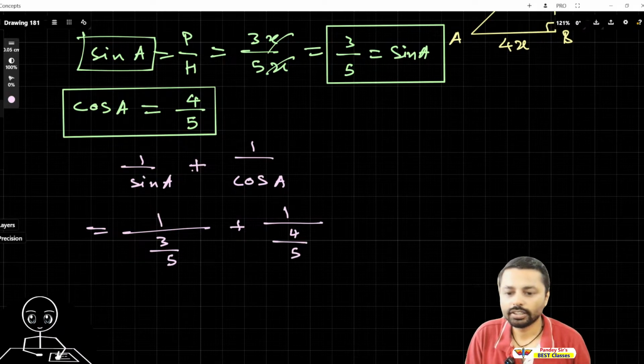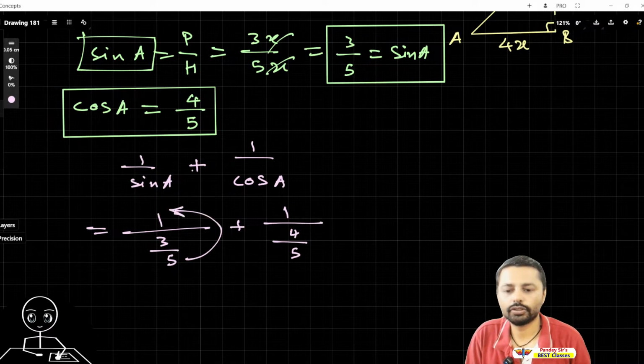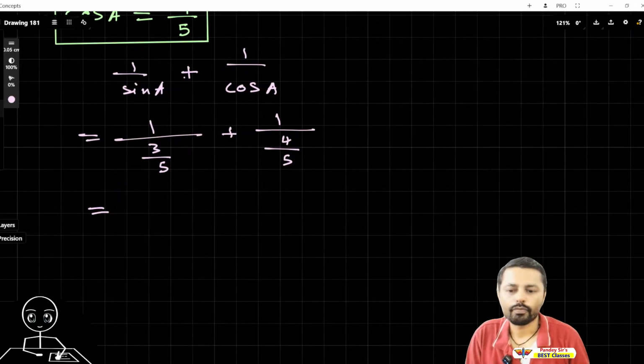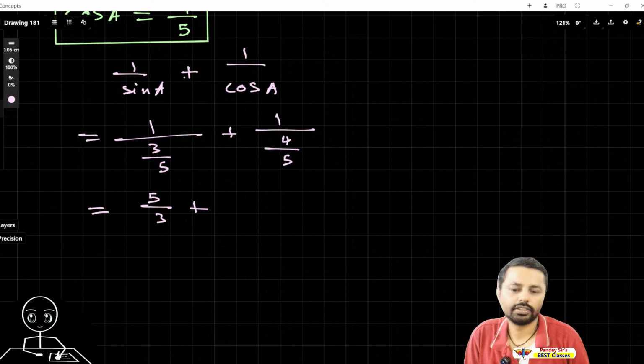How will we write it? We have to take its reciprocal. The denominator goes to the numerator, keep in mind. So we get 5 by 3 plus 5 by 4.